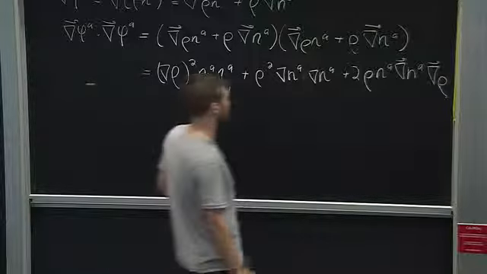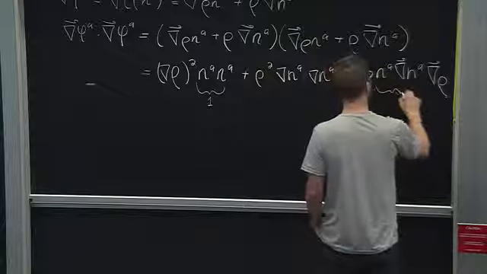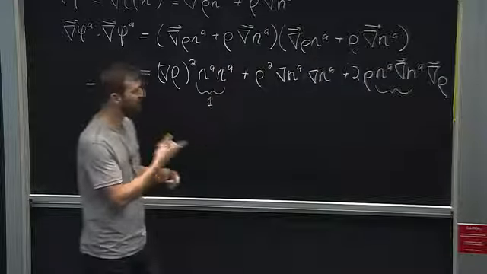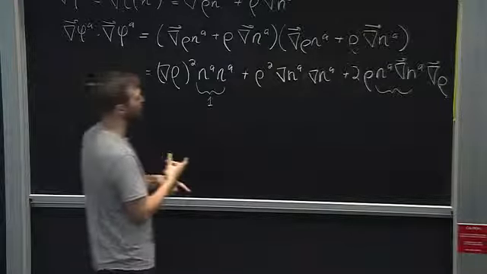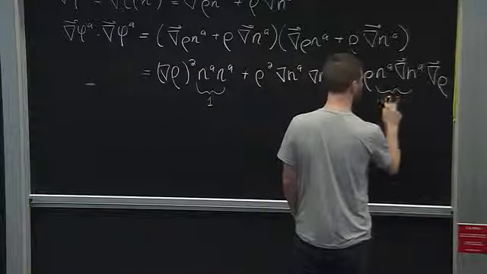I have a term here that's the vector component and a gradient, which should be orthogonal, I think, so this should be 0.